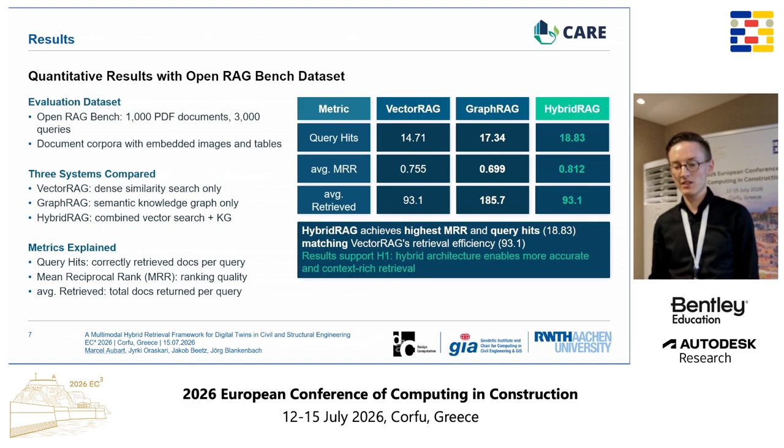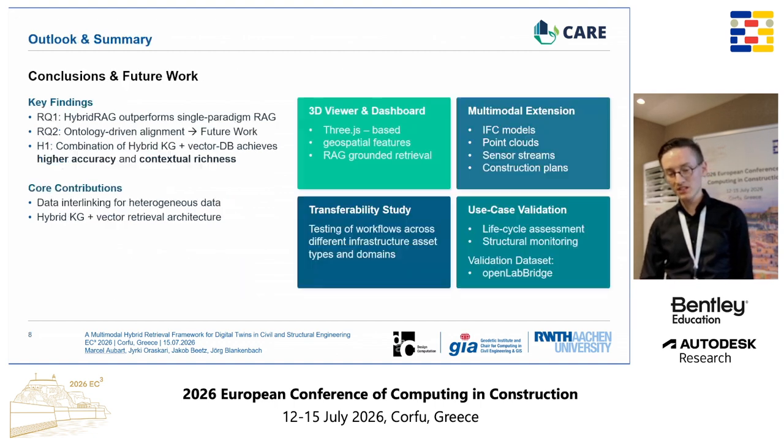Here it also excels compared to the other models. And lastly, the average number of retrieved documents needed to get to the right answers is also better. So in total, we can say that the results support our hypothesis.